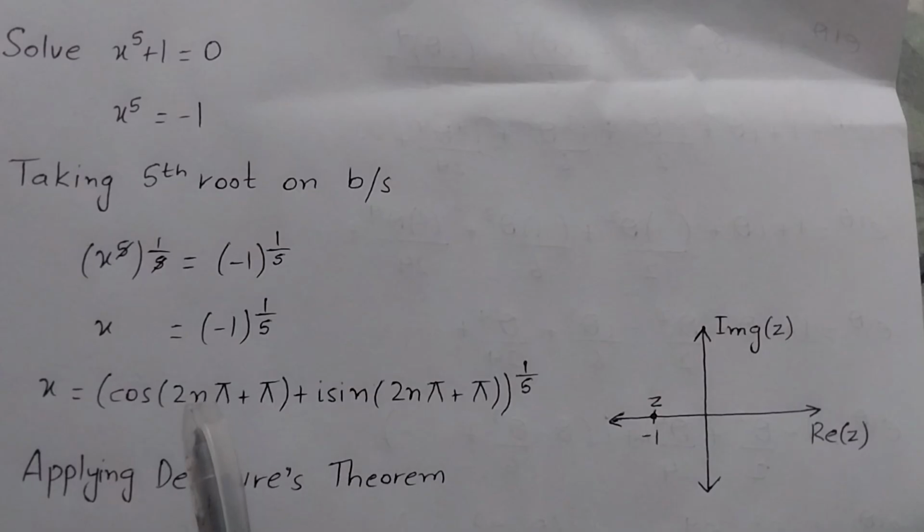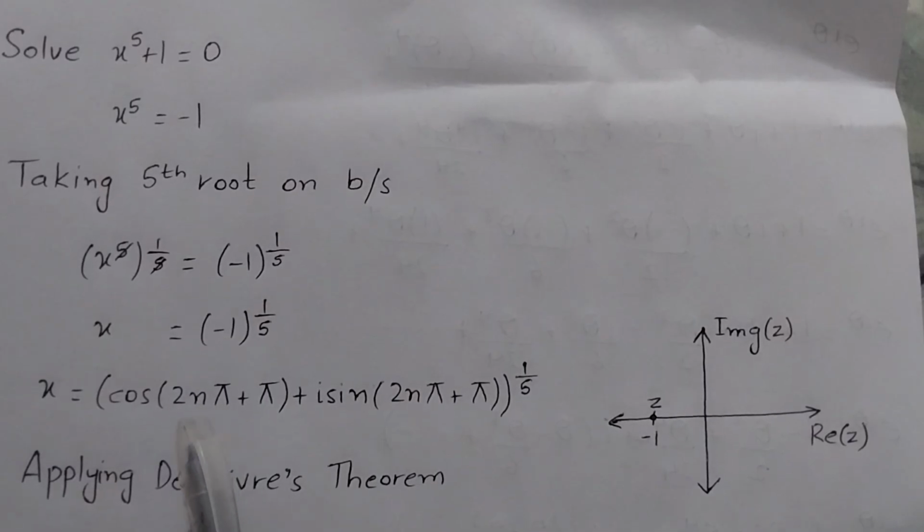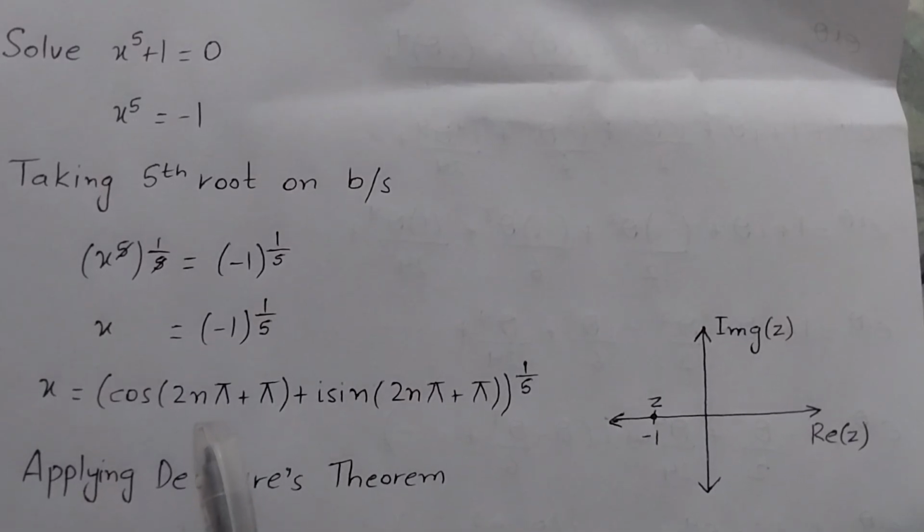So the polar form becomes r cos theta plus r iota sin theta, where r is the modulus of a complex number and theta is the angle of a complex number.